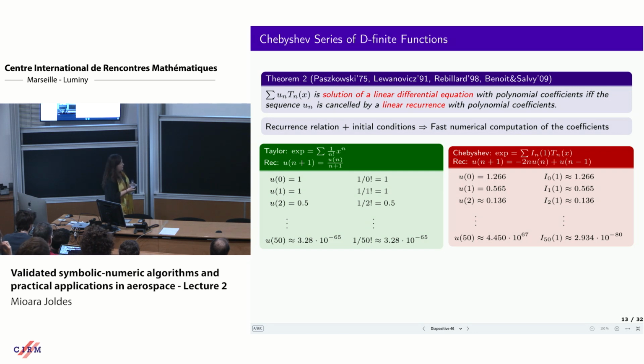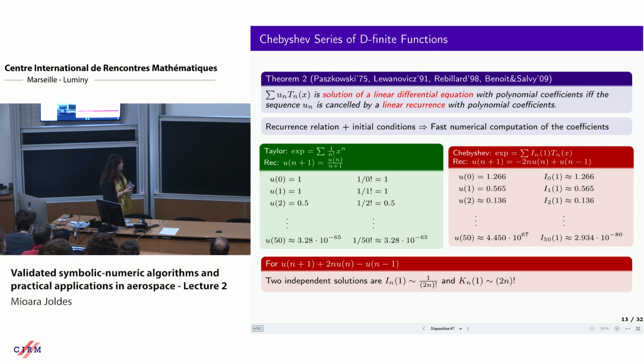The intuitive reason why this happens is that my recurrence for the Chebyshev expansion actually has two independent solutions depending on the initial condition that I put. One will be convergent and one will be divergent.